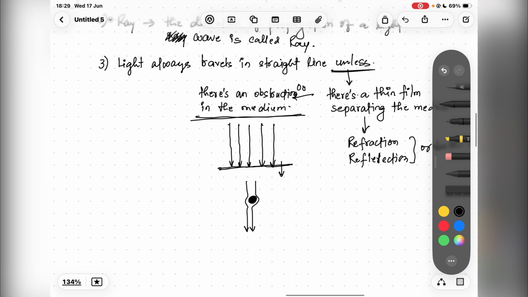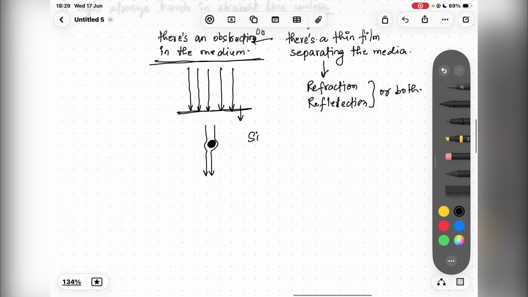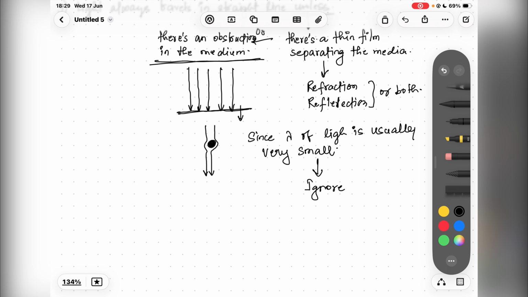But since the wavelength of light is usually very small, we can ignore all these phenomena.